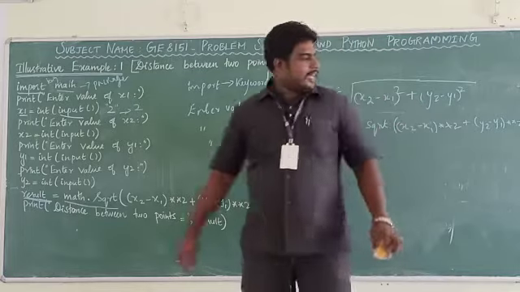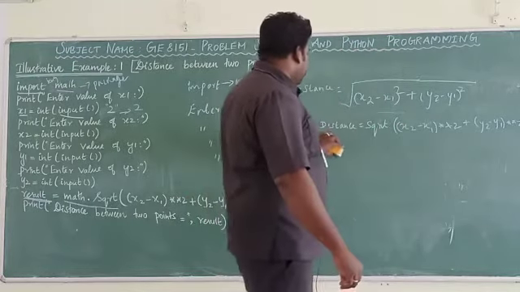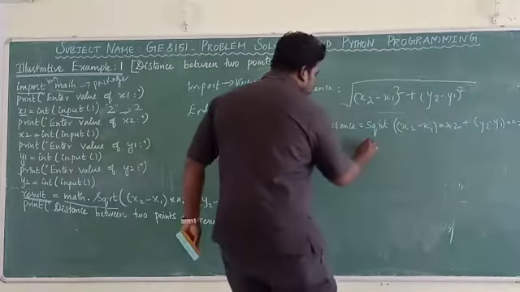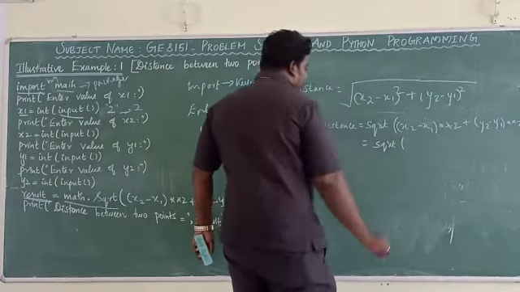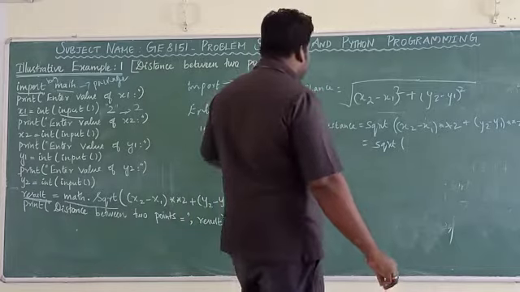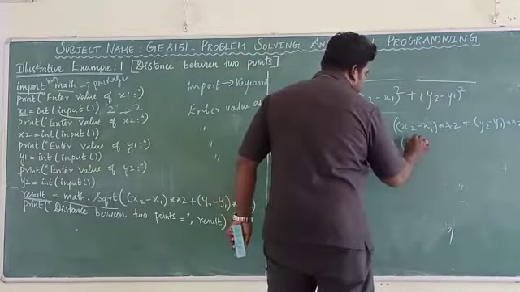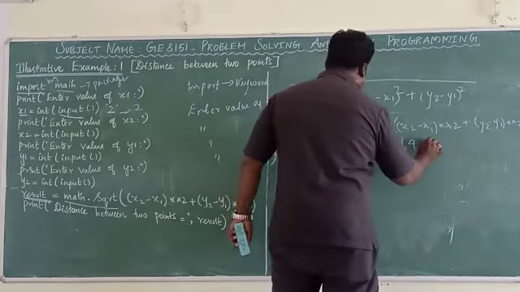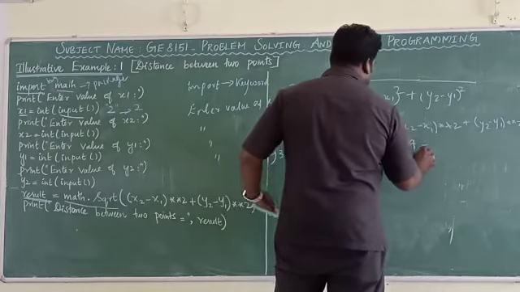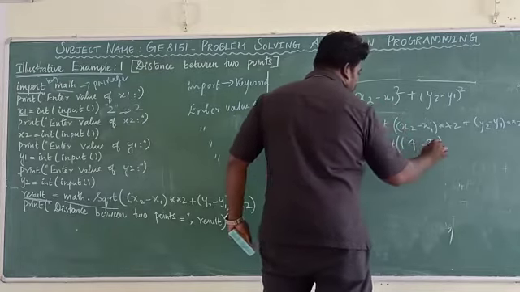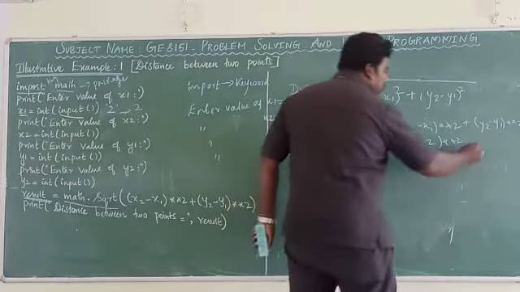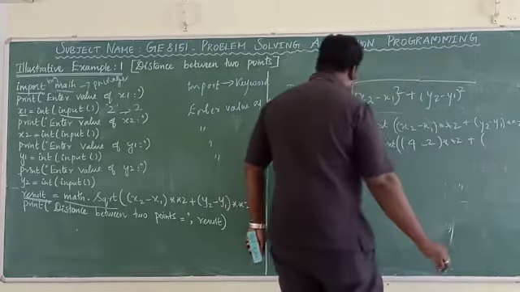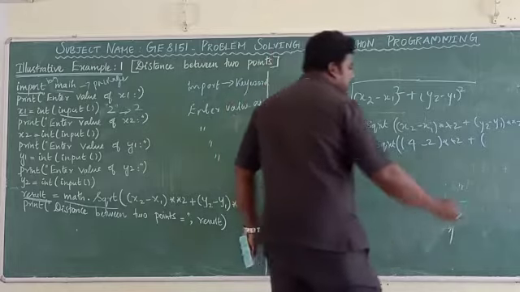Now we can solve it and we can check. Okay. So square root of, what's the x2 value? x2 value is 4. What's the x1 value? 2. 4 minus 2, that is exponential symbol, square, plus what's the value of y2? 6.